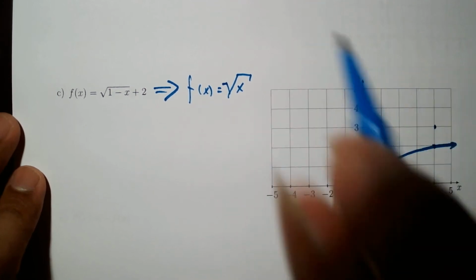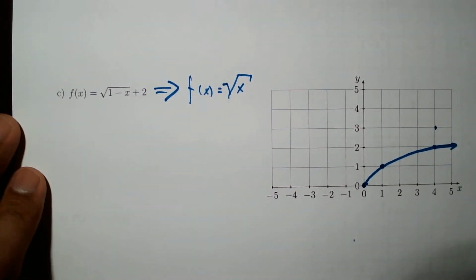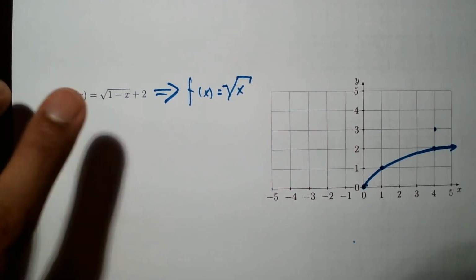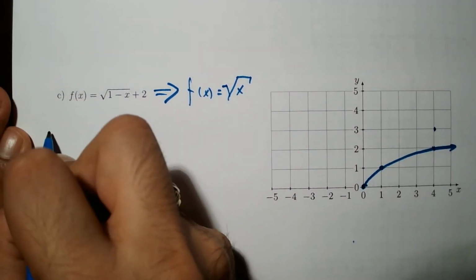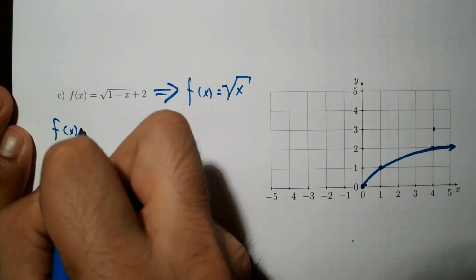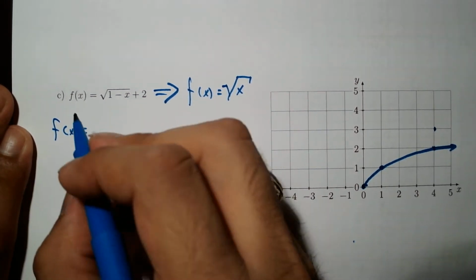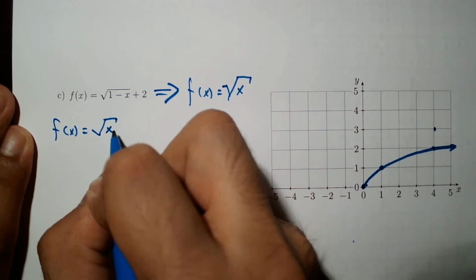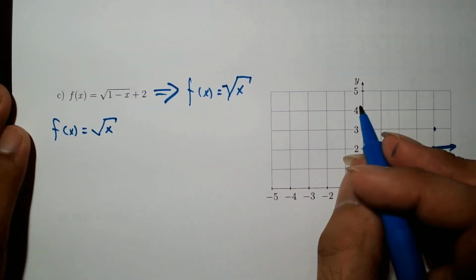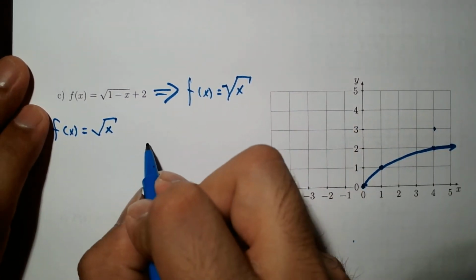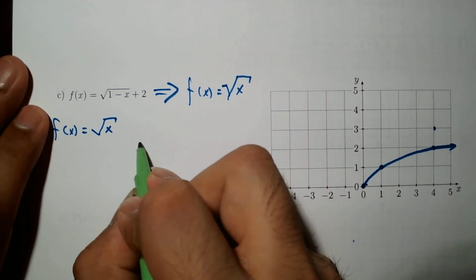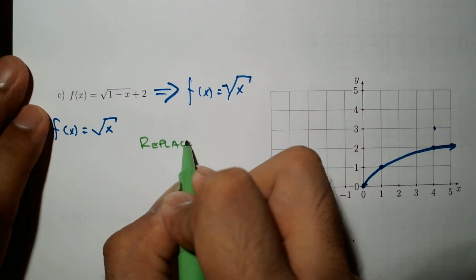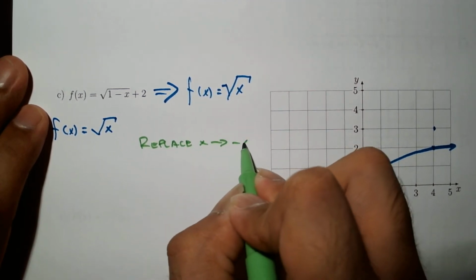So in this case, the first thing we do, I'm going to go by replacing, so from f of x, we go by replacing x with negative x.